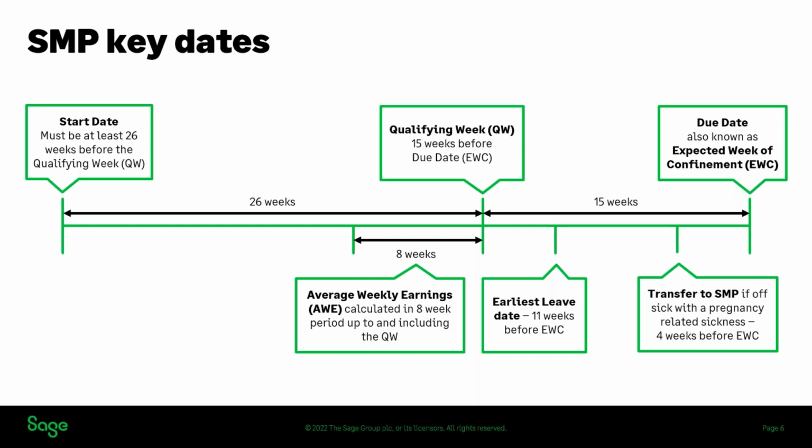And another couple of key dates at the bottom of the slide there is the earliest leave date for SMP, which is 11 weeks before the due date, unless the baby arrives before that point, in which case it will start immediately. And 4 weeks before the due date is where an employee who is off sick with a pregnancy-related illness would need a transfer to SMP from statutory sick pay. So qualifying week, I guess, is the key date in this scenario, and you'll see how the software calculates all of that for you when we come to do the demos.